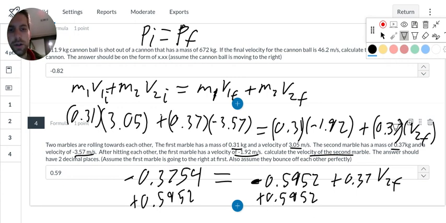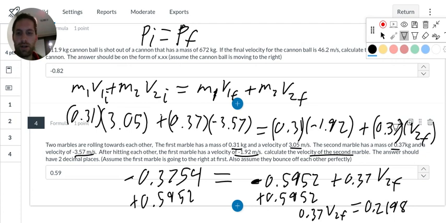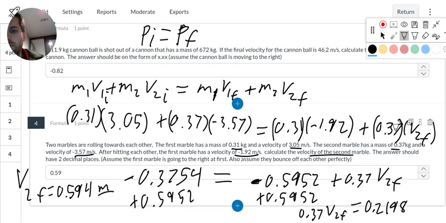I should get this equaling this, divided by 0.37, and I should get a positive 0.594 meters per second. It repeats onward, but I only want 2 decimals, so I round that off here. So 0.59. And that's it.